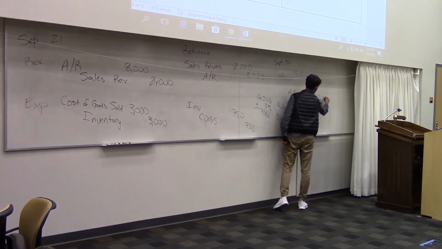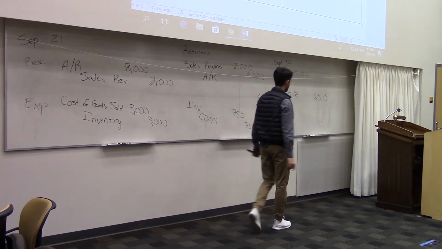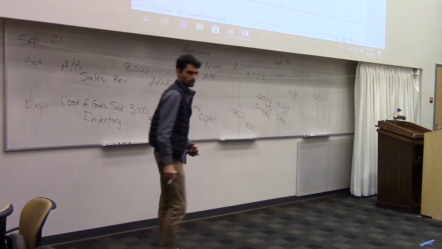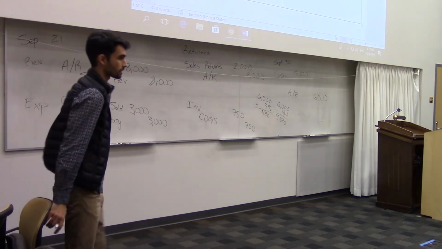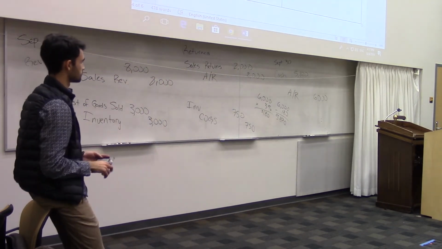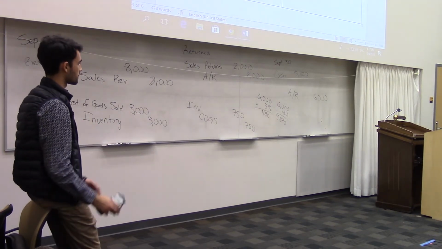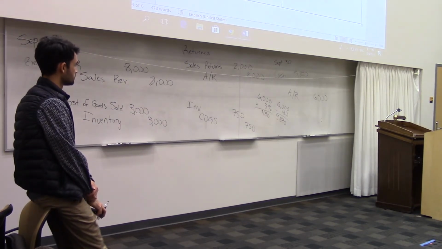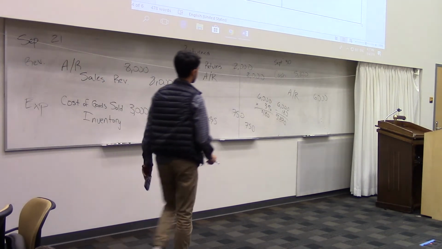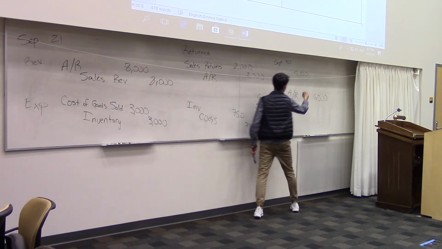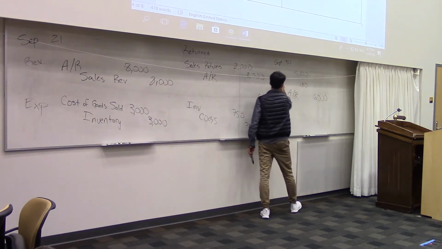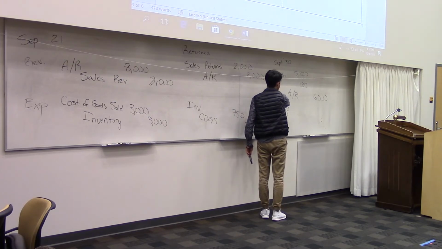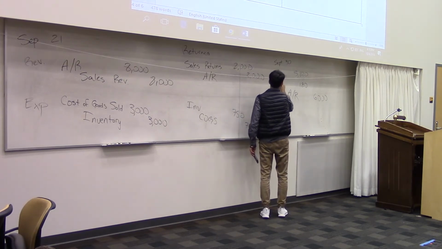For the full 6,000. They owe us $6,000. Even though we're giving them a discount, we're going to decrease it by 6,000 because they don't owe us any more money. And then I've got a 180 debit that I need. What's the account? There we go, sales discount.